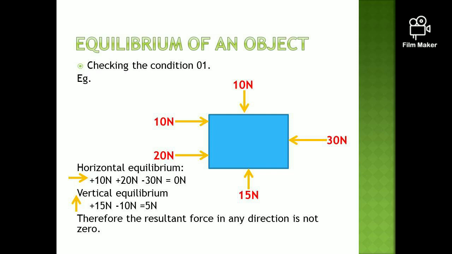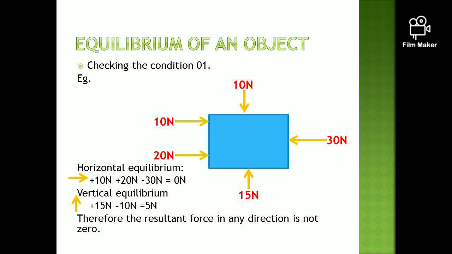I will put an arrow horizontally, and consider forces in that direction as positive and opposite forces as negative. Therefore, you can put plus 10, plus 20 and minus 30, since the 30 is in the other direction. The final answer is 0. Therefore, horizontally, the forces are in equilibrium.